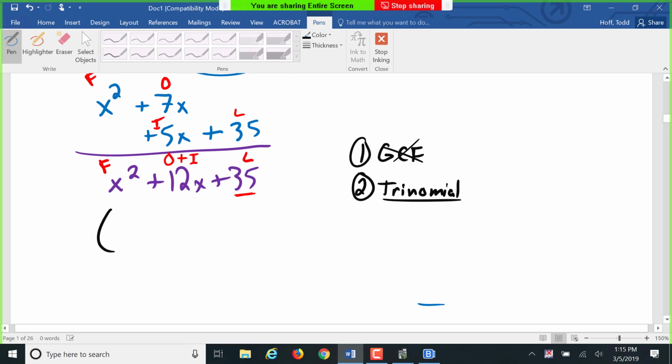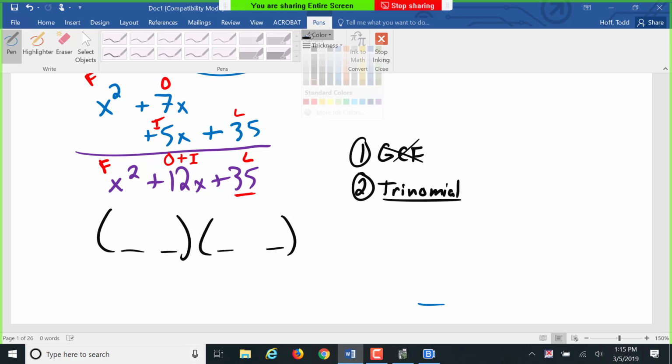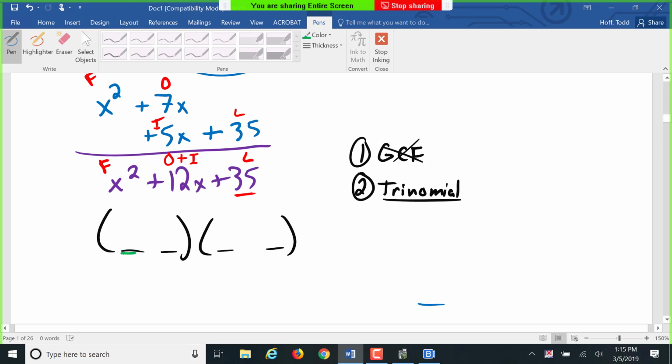So a trinomial typically will factor into 2 binomials. I know that these first 2 terms have to multiply to make that first term of the trinomial. What 2 things multiply to make x squared? X times x, correct?